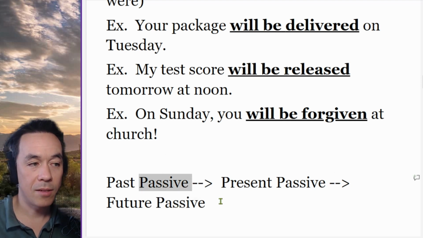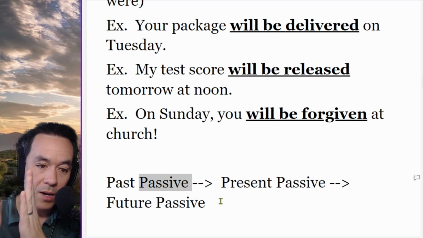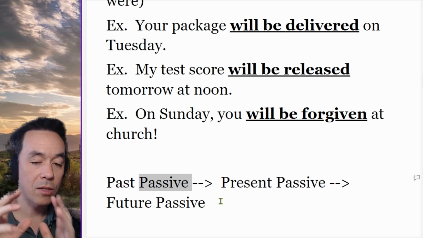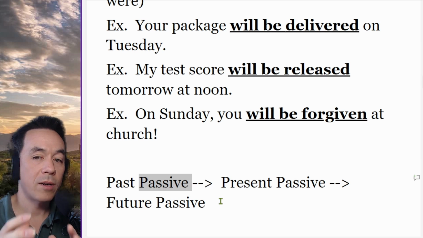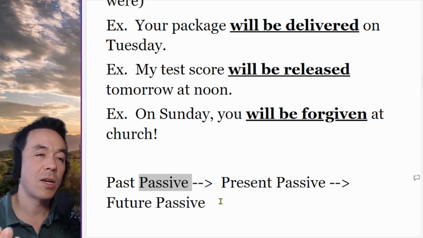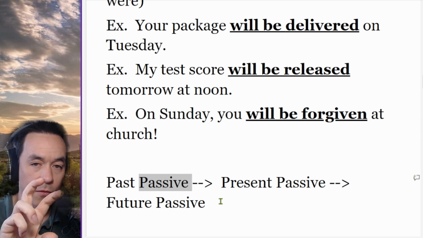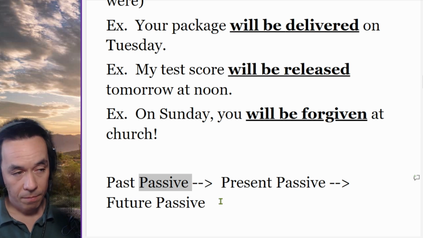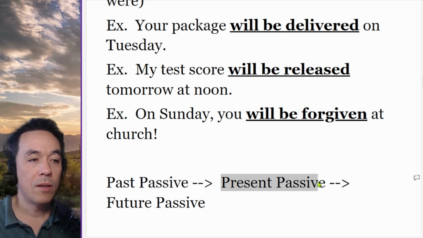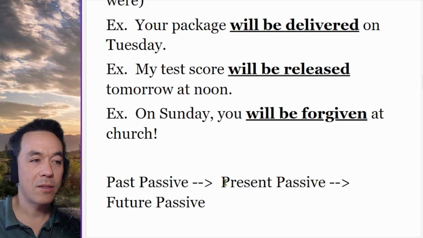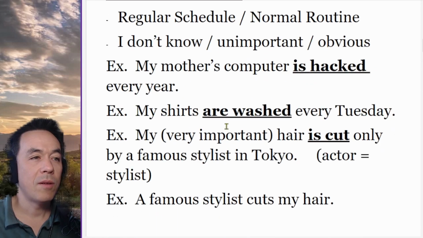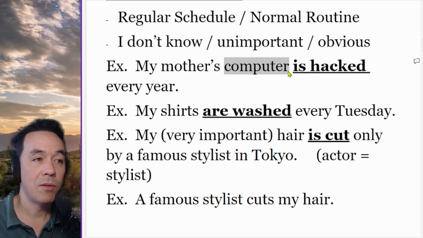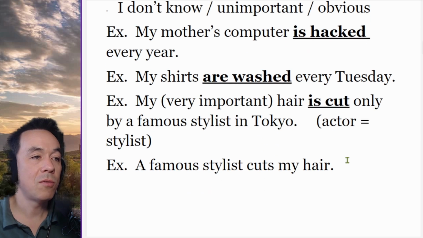And for the passive, all you need is that focus, not on the person who did it, but on whatever received that action. The verb gets kind of flipped around, or the direction of the verb. Okay, so it is tricky. You have to manage. If it's plural, my shirts are. Single, my computer is.